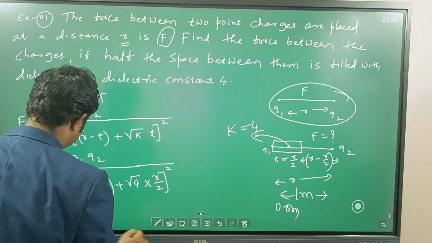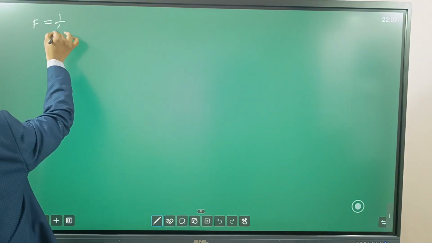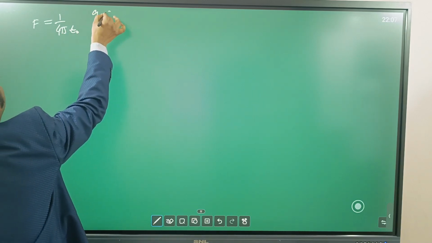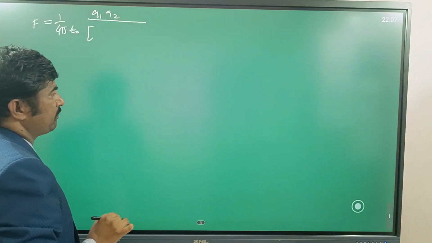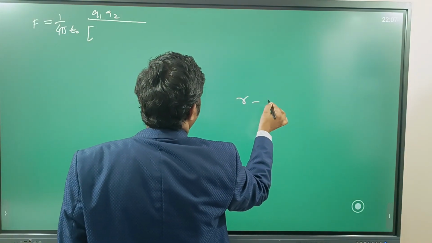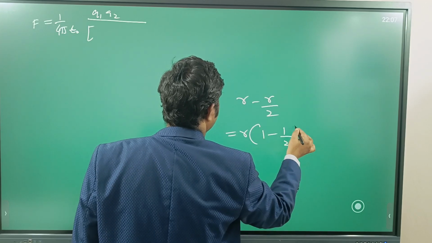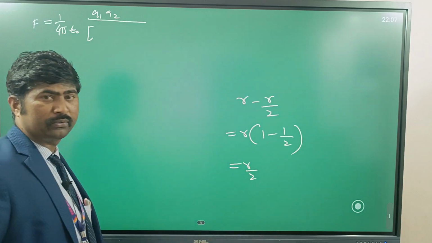I will take the next page. So F is equal to 1 divided by 4 pi epsilon naught. Clear? F, q1 q2 divided by, this is r minus r by 2, what does it mean? R minus r by 2. So when you take r as common, 1 minus 1 by 2, that is r into 1 by 2, r by 2.